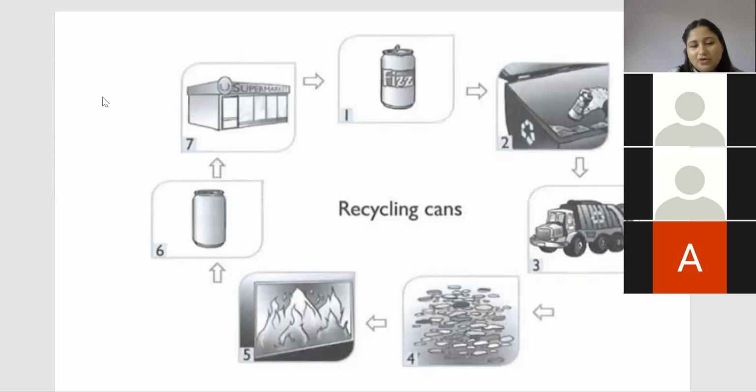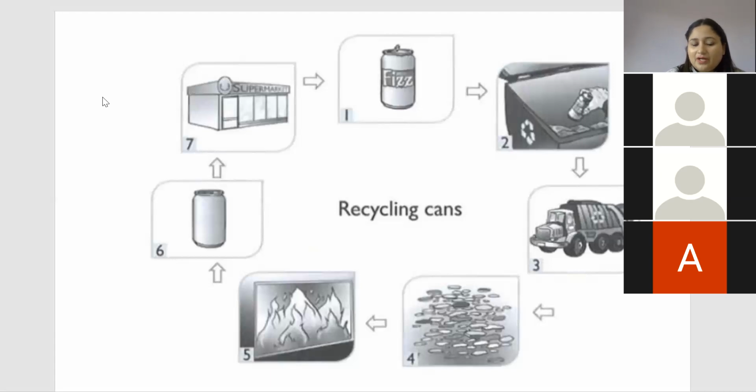So basically what's going on here, the cans, they are recycled. First, they are thrown in a recycle bin. Then they are carried away by the recycle trucks. The major things I'm just saying, right? And they are then broken into little pieces.